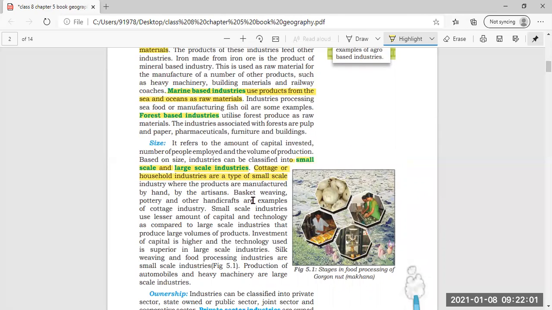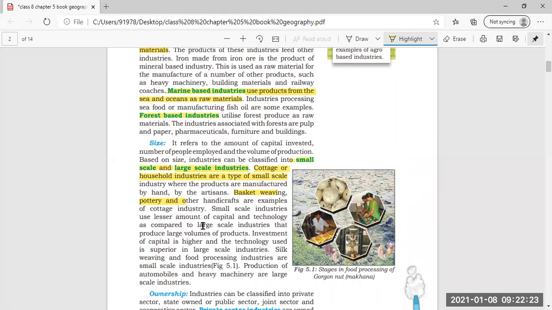And the cottage industries example we have read about, that basket weaving, pottery, they are the type of cottage industries which are done on a small scale and by the family members only, and efficient artisans, the people involved who have the knowledge about that particular making of the thing.